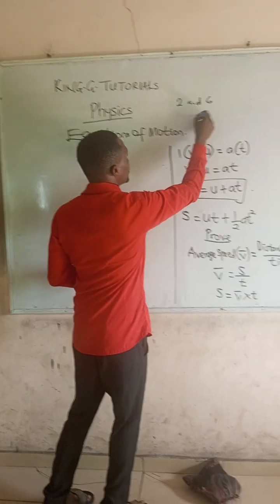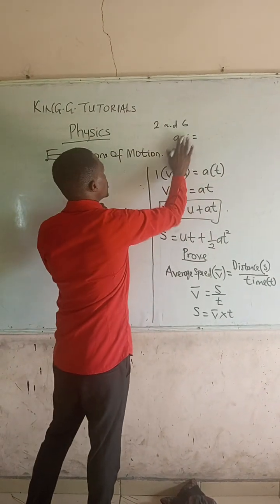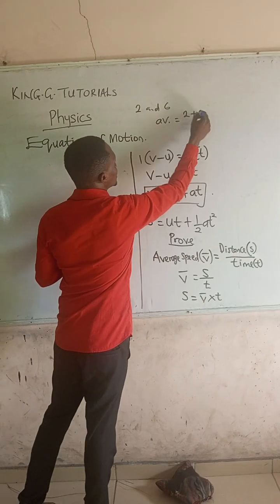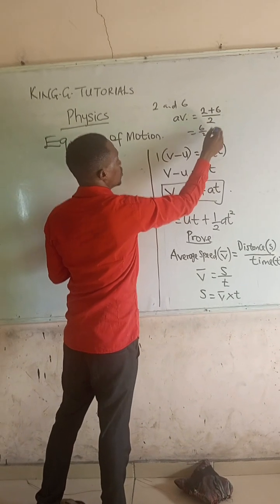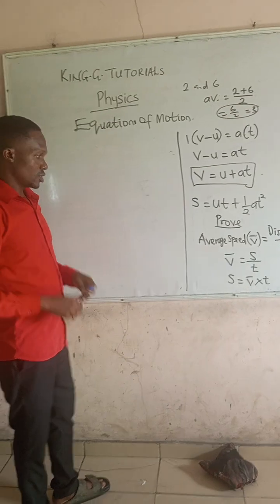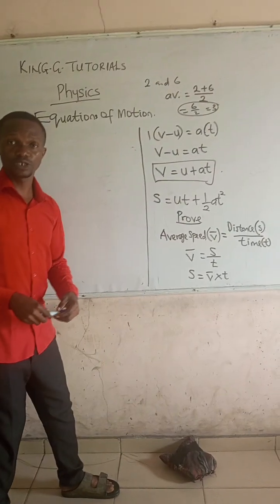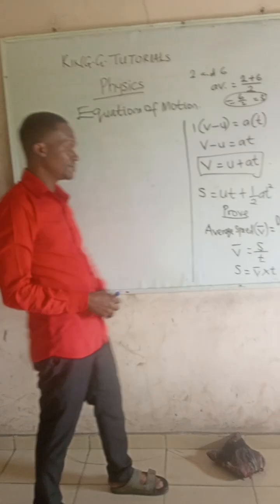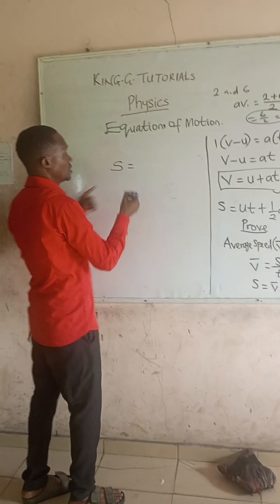My average is equal to 2 plus 6 divided by 2, which gives 8 over 2, and the answer is equal to 4. In my average speed, I have V showing velocity, which is measured in meters per second, to be said as speed. So here I can decide to say S is equal to the average.